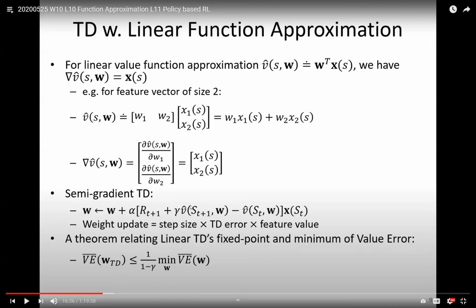That is, the V here is a deep neural network. So you still have the first term as a TD error, and the second term you take a derivative with respect to the weights, the neural network parameters. So semi-gradient is used whenever you use function approximation for your value function.